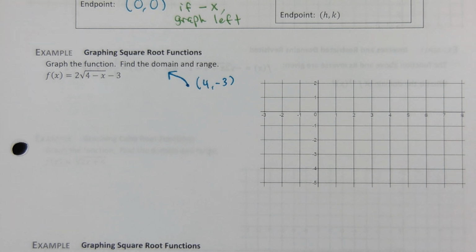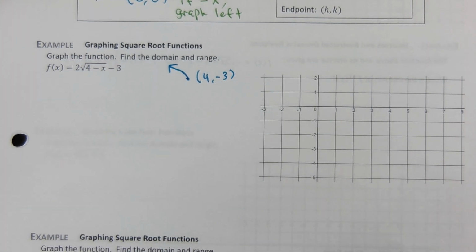It's 0 times 0. After 0, what's the next smallest perfect square? 1. 1 times 1 is 1. And after 1, what's the next smallest perfect square? 4. 2 times 2 is 4. So here's what's going on.